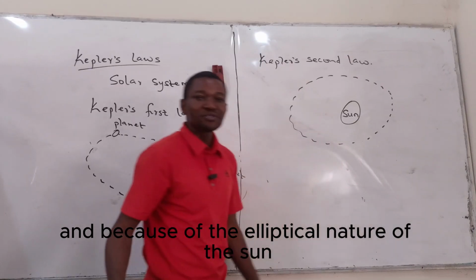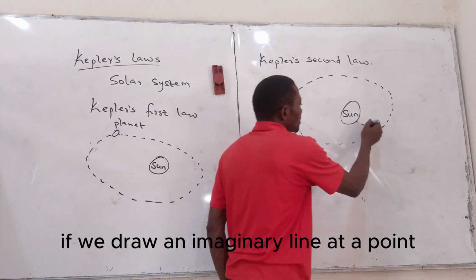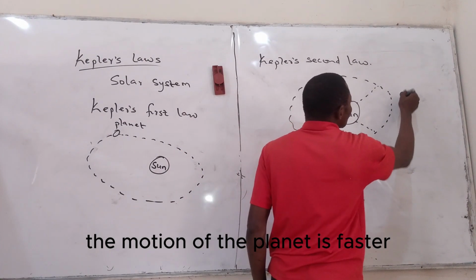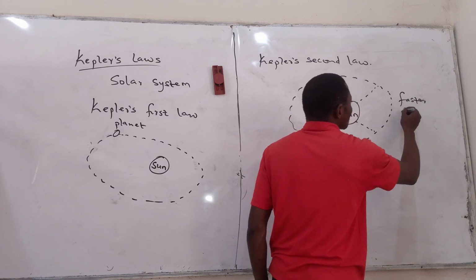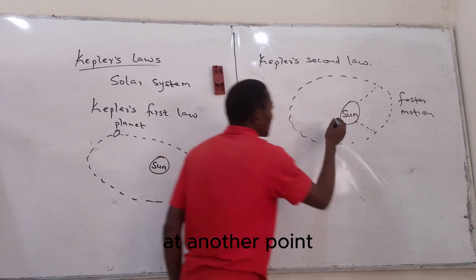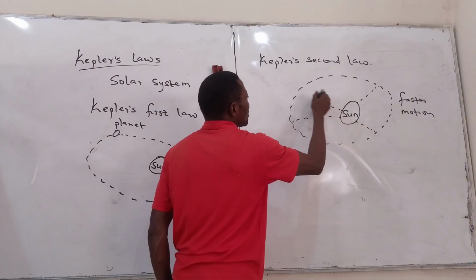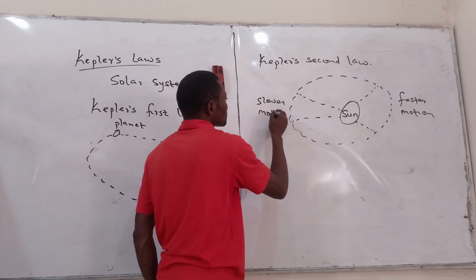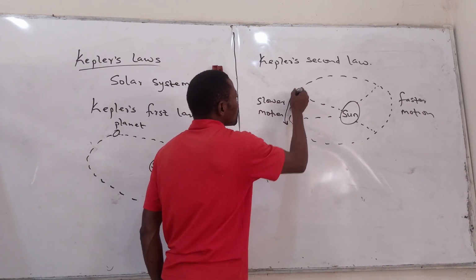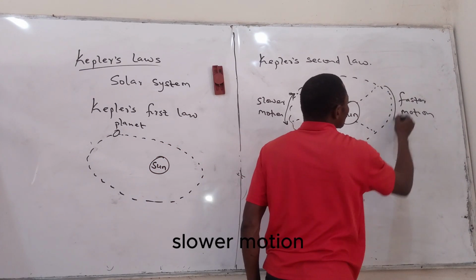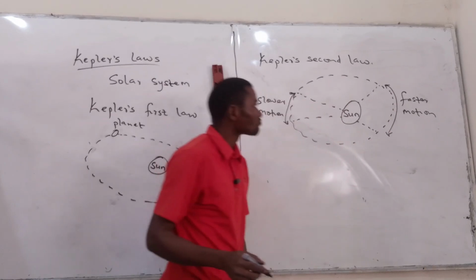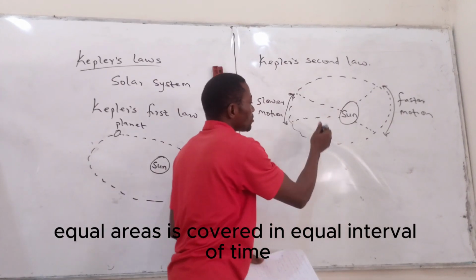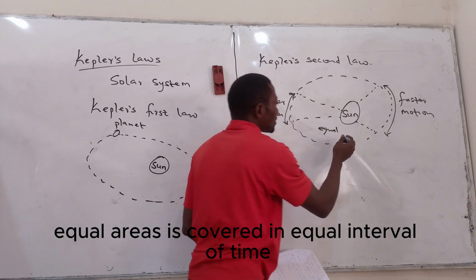And because of the elliptical nature of the orbit, if we draw an imaginary line, at a point, the motion of the planet is faster. At another point, maybe a slower motion. Faster motion, slower motion. But irrespective of how the motion is, equal areas is covered in equal interval of time.